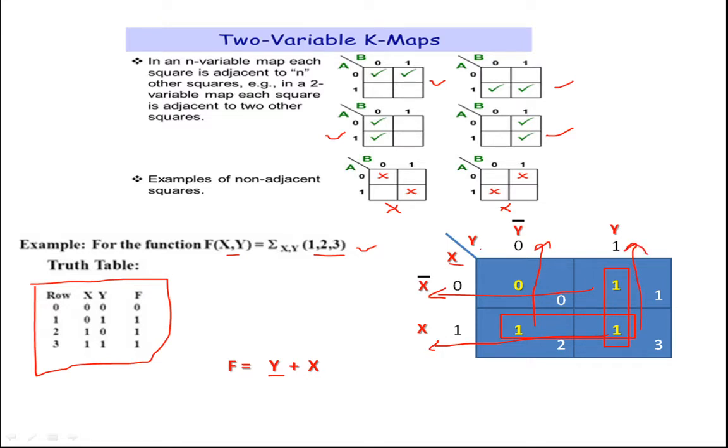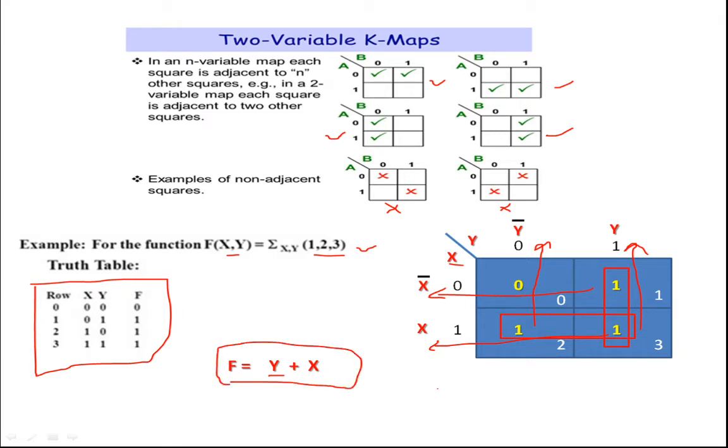At a given point of time, y can hold either a value 0 or 1, but in this case, as I am grouping these two ones, y is holding two values, 0 and 1, which is not possible. Coming to the horizontal part, x is 1, so we are considering it. So the final expression coming out of this is f is equal to y plus x.